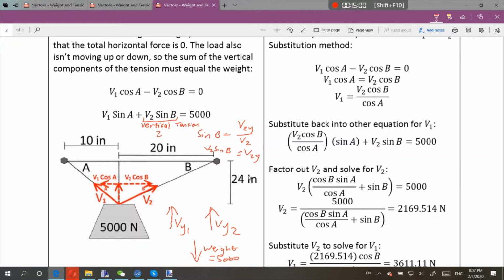Okay, so with that, I've got 1 system of equation on bottom that is our vertical forces. So gravity or weight.